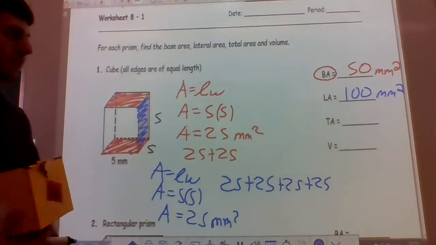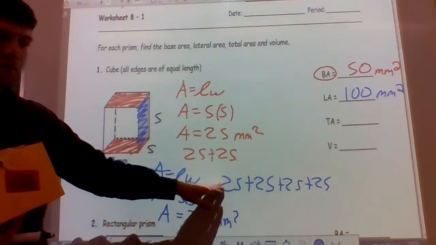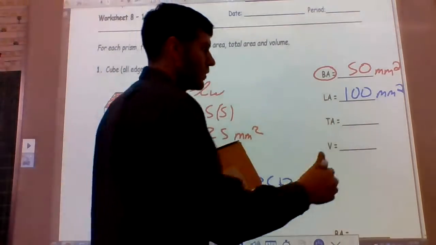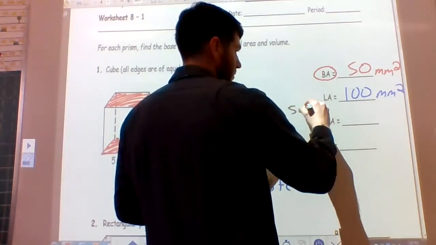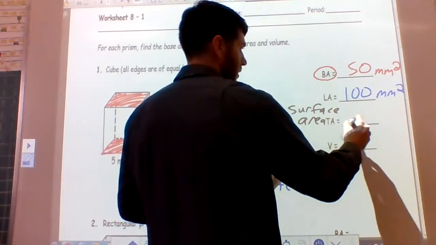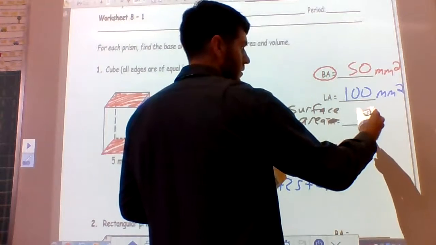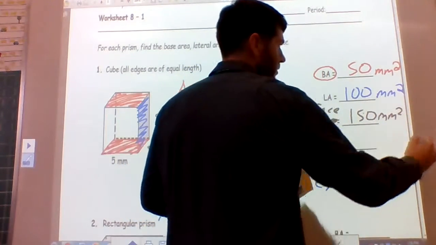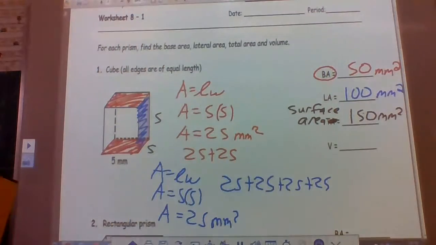So the area of the 2 bases added together is 50. The area of the 4 lateral sides added together is 100. So our total surface area is 150 millimeters squared. We just simply added the base areas plus the lateral areas to get the total surface area.